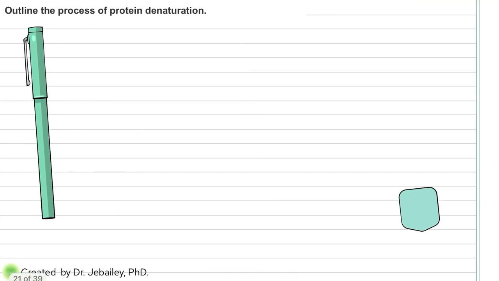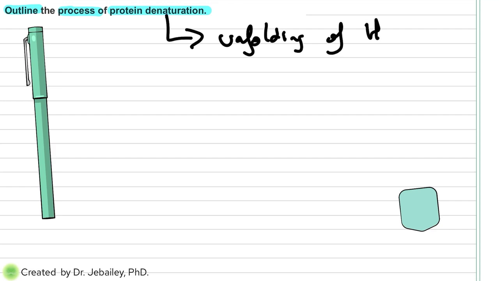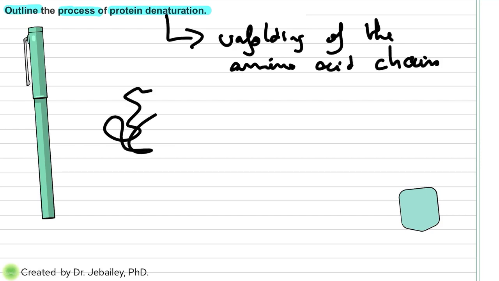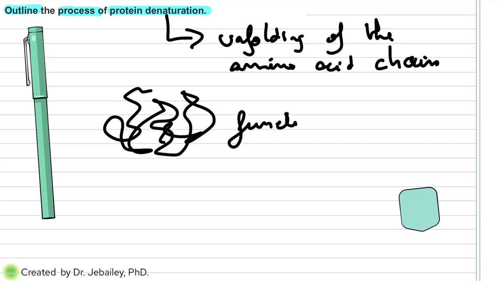Moving on. It says here, outline the process of protein denaturation. So first we have to know what denature means. Denature basically means the unfolding of the amino acid chain. Usually the structure, how the chain is folded, gives the function of that specific protein, right?